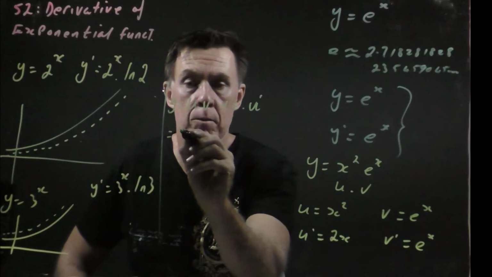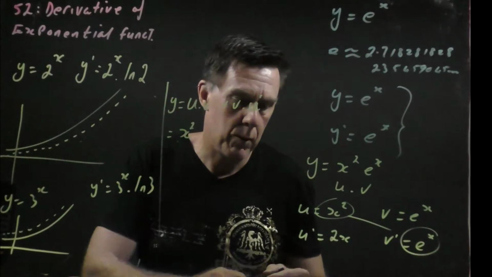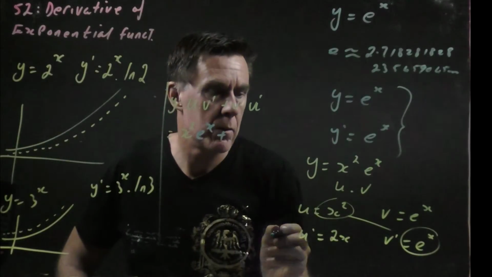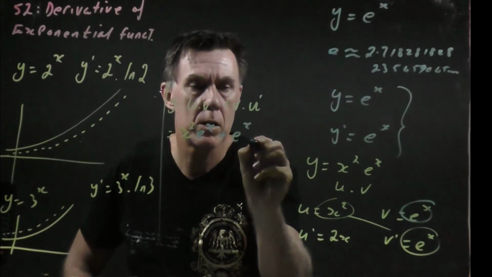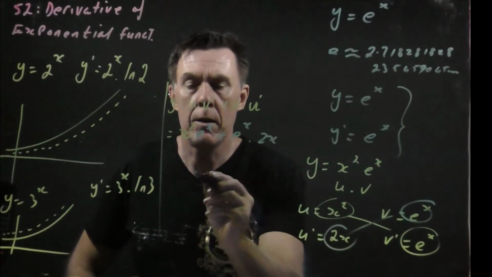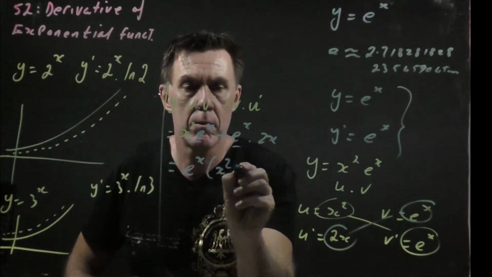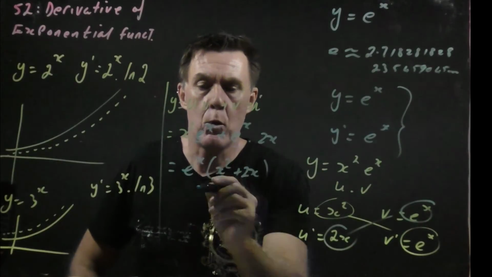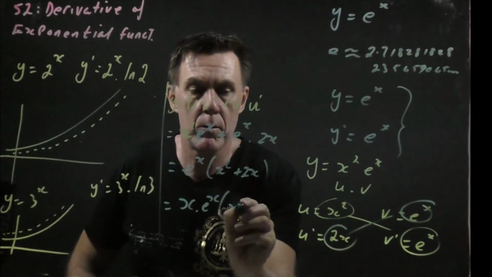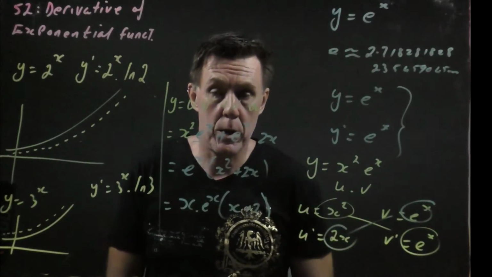That gives me x squared times e to the x plus e to the x times 2x. Now, we have a common term of e to the x, we can factorise that out. If you wanted to, you could factorise a bit further and take the x e to the x outside of x plus 2. But that's an example of doing derivative with exponentials.